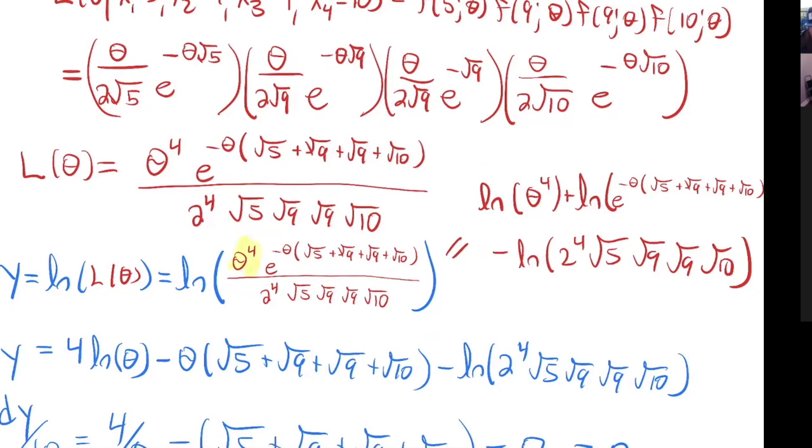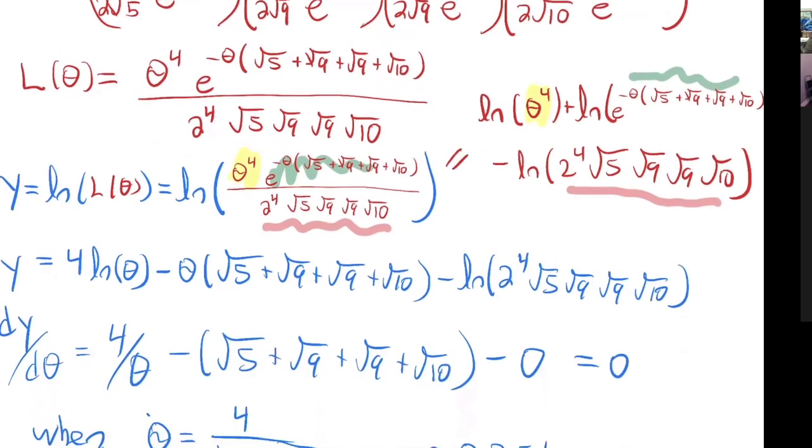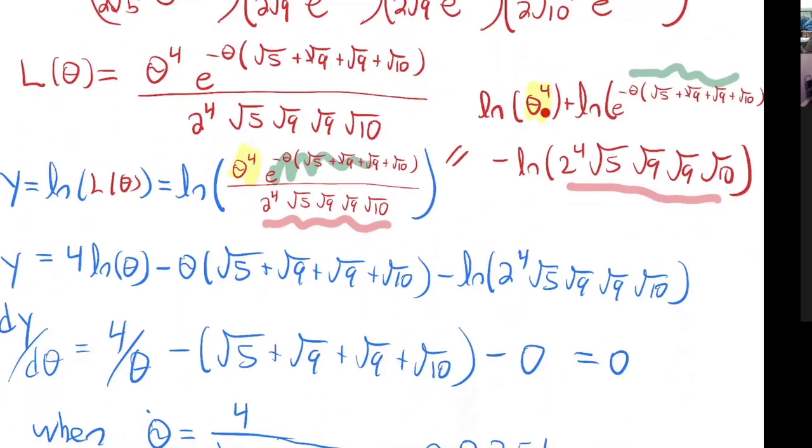So this part wound up over here. This part winds up over here. And then this part down here winds up in here when we take the natural log and break it up. Then we use the property that we can bring the 4 down.